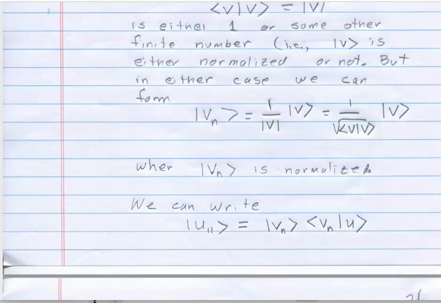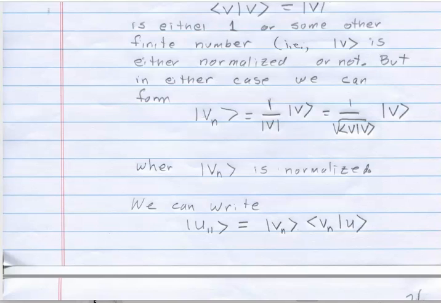And now what I'm going to do is construct a vector. I'll take the vn outer product with itself, and I'll operate on the other vector u, in this case state vector u, and I'm going to call that u parallel.